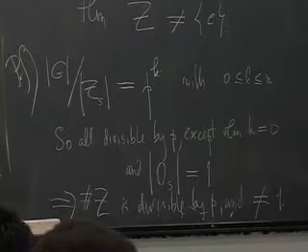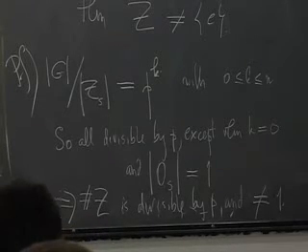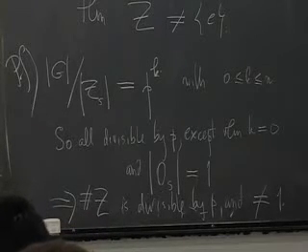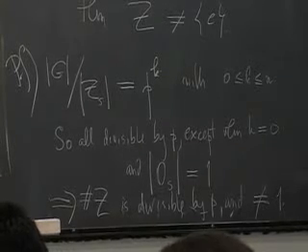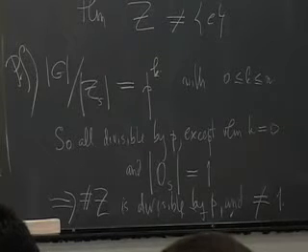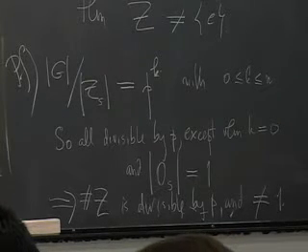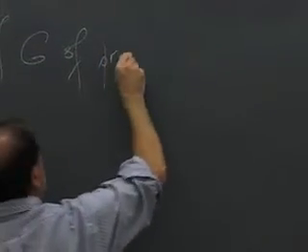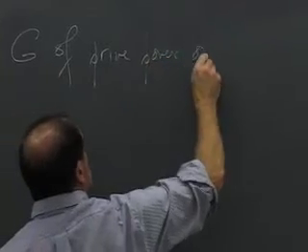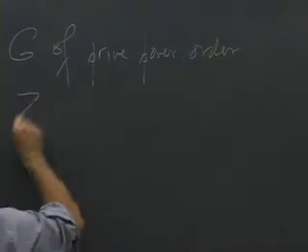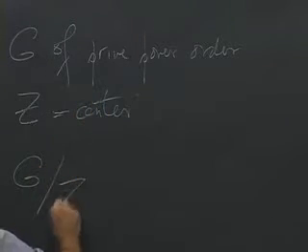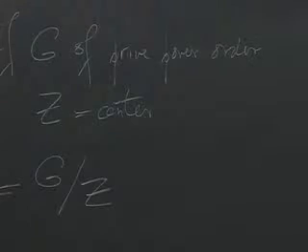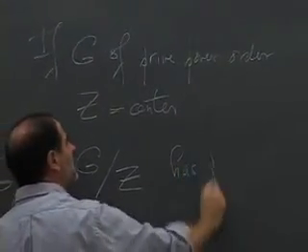And this gives a very powerful way of analyzing groups of prime power order. Why? Because the center is a normal subgroup. So if G is of prime power order and Z is equal to its center, then the quotient group G mod Z, let's call that group G1, also has prime power order.